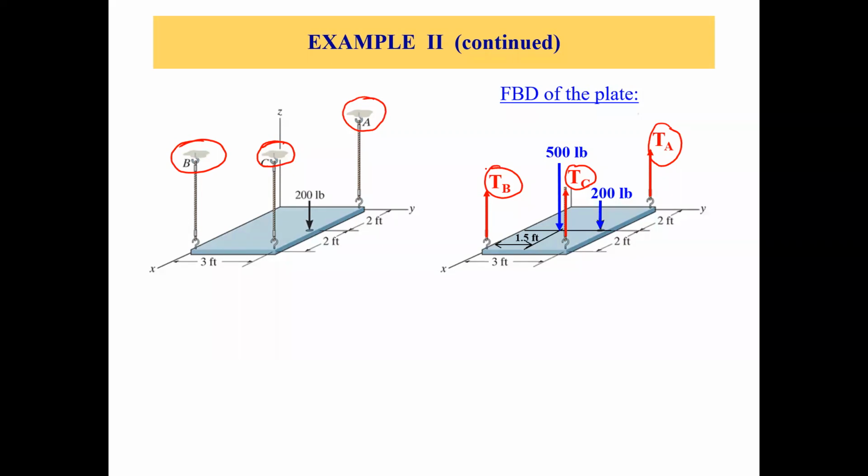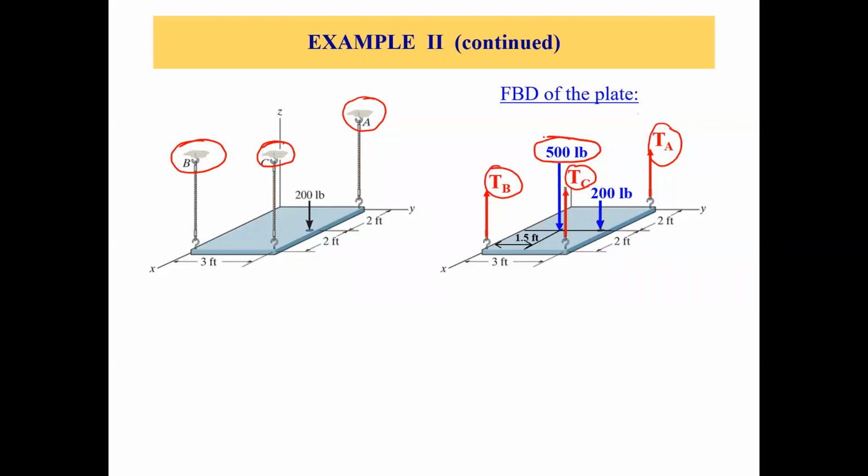So we'll assume that this is 500 pounds weight of this plate, and naturally it will act on the center of gravity, right? Geometric center. So what is geometric center of this plate? This plate is 4 feet by 3 feet. So this 500 pounds will act at 1.5 feet from x-axis and 2 feet from y-axis, right?